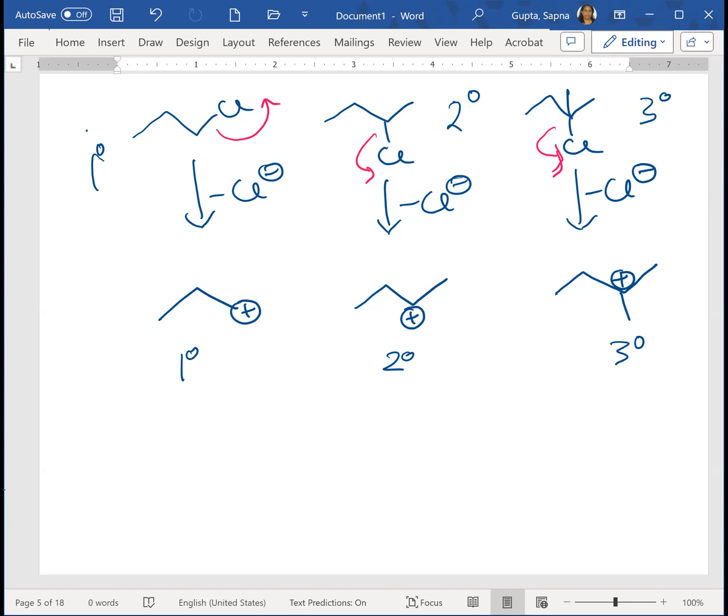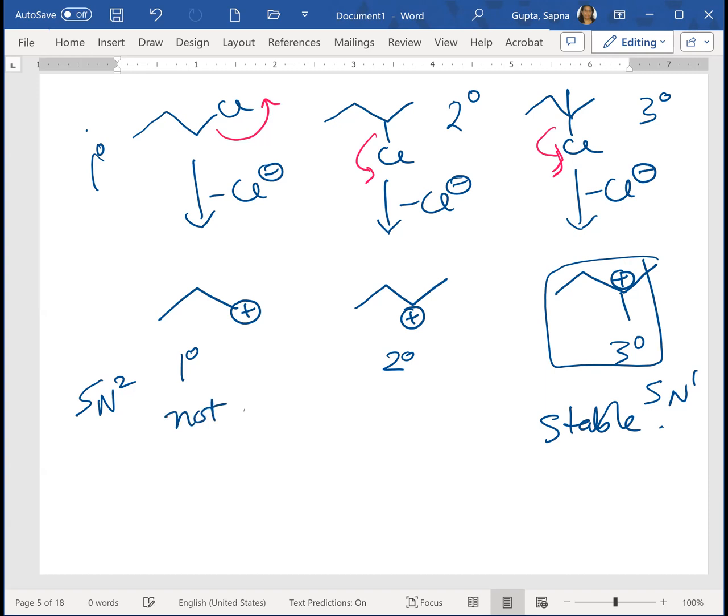Now the question is, why is it that an SN2 will go more this way and SN1 is going more of tertiary? Since SN1 goes the tertiary route, and we formed the carbocation in the SN1 mechanism, this tells us that the tertiary carbocation is stable. A primary carbocation is not stable.